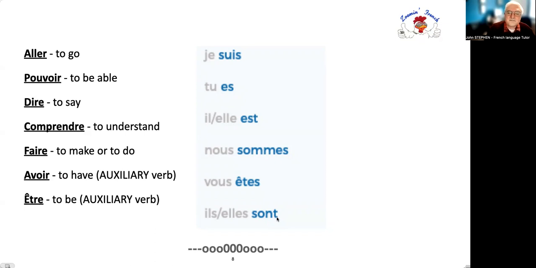So être, meaning to be. So it conjugates. Je suis, tu es, il est, nous sommes, vous êtes, ils sont. Of course, it goes all over the place. I mean, there's no rhyme or reason for the verb être. It's just the way it has been formulated over the millennia of the French language.